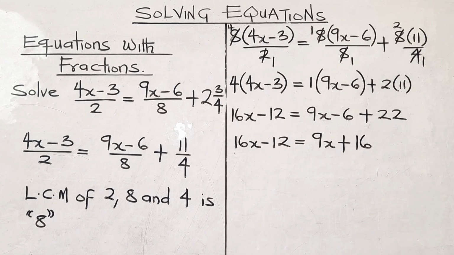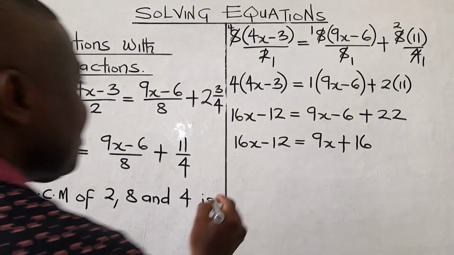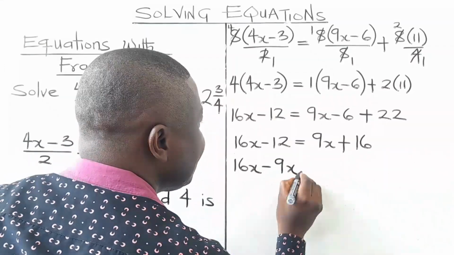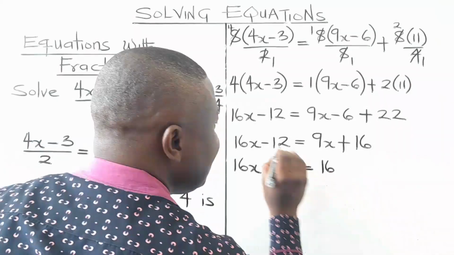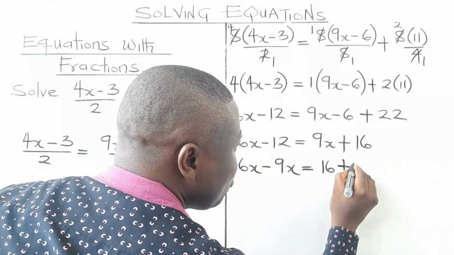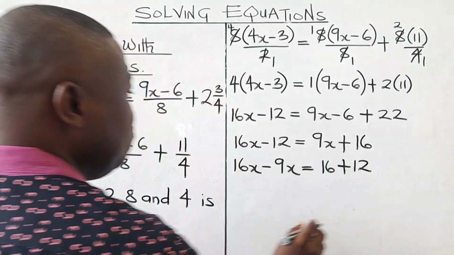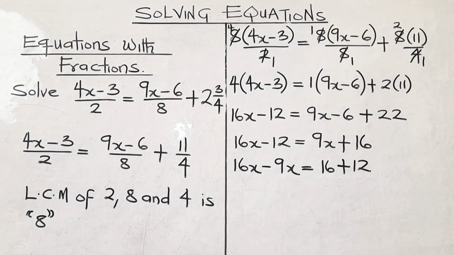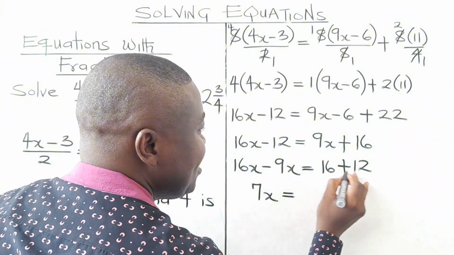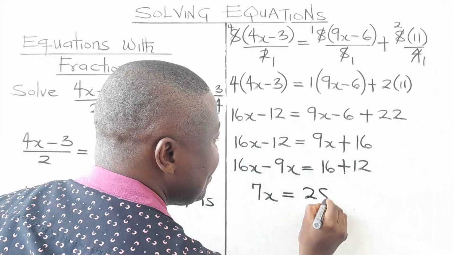We collect like terms. This gives us 16x minus 9x equal to 16 plus 12. If you look at it critically, 16x minus 9x is 7x. 16 plus 12 is 28.